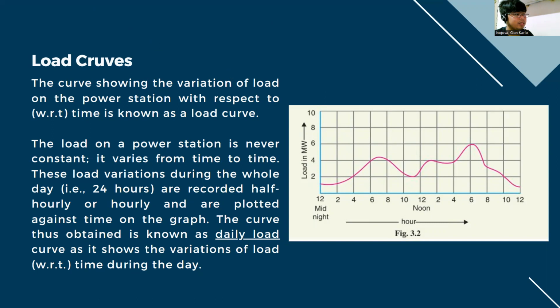The curve thus obtained is known as the daily load curve, as it shows the variation of load with time during the day. We can see in this graph that on the y-axis is the variable load in megawatts produced by our power plant station. Then on the x-axis is the time.